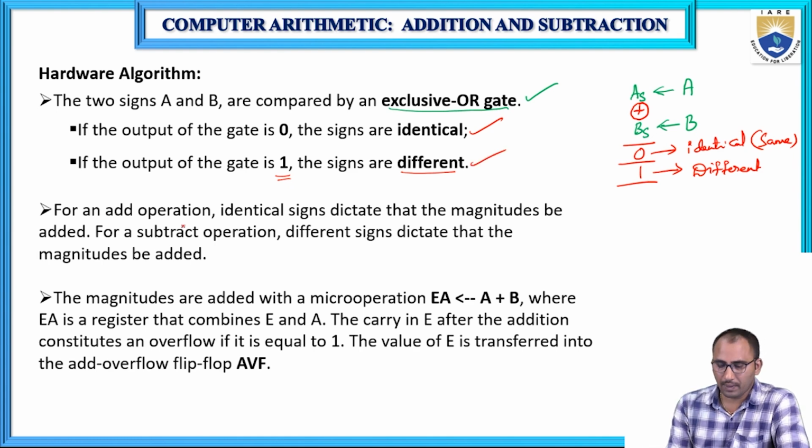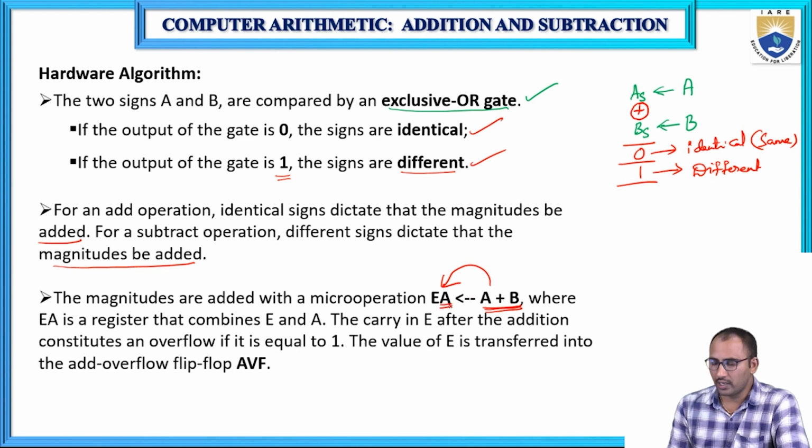For an add operation, identical signs dictate that the magnitudes be added. For a subtraction operation, different signs indicate that the magnitudes will be added. The magnitudes are added with the micro operation A plus B. So if their signs are identical, we add their magnitudes, A plus B, and the result will be stored in EA, the extended accumulator.